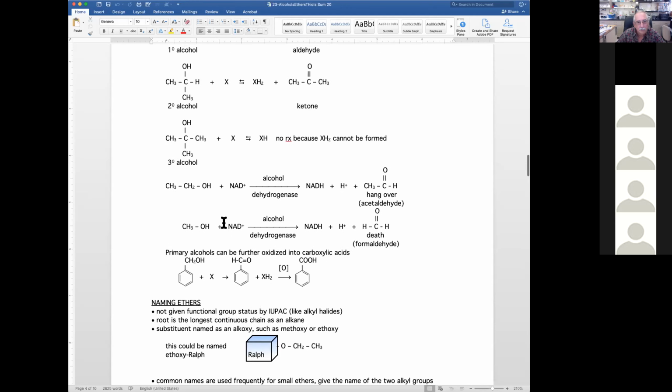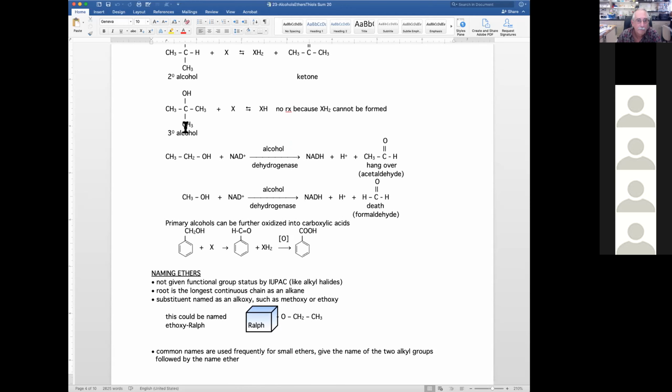What about a tertiary alcohol? Okay, here's 1 hydrogen I can get. So I go to this carbon, is there any hydrogens right here? The answer is no. I cannot make XH2. It is not stable. Okay? If I tried to do that, I would get these radicals formed and they're just not stable.